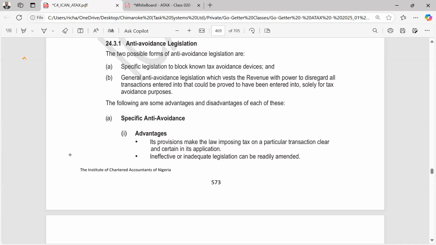Now, because there is a specific provision on that, the transaction is clear and certain. So we know that all taxes for companies are to be charged on preceding year basis.